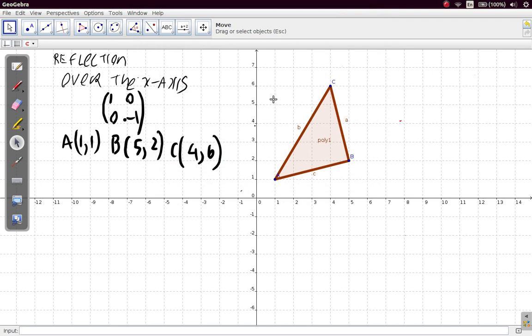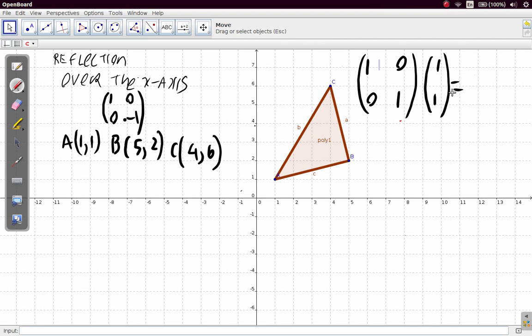Now when it's reflected over the x-axis, we multiply each point by the matrix 1 0 0 negative 1. Let's do the multiplication. We have 1 0 0 negative 1 multiplied by 1 1. Here, 1 by 1 is 1 plus 0 by 1 is 0.